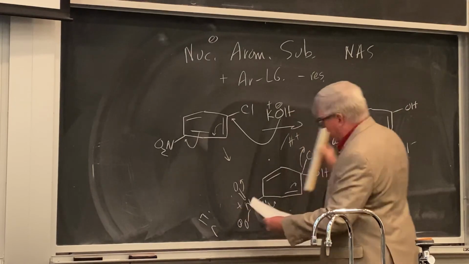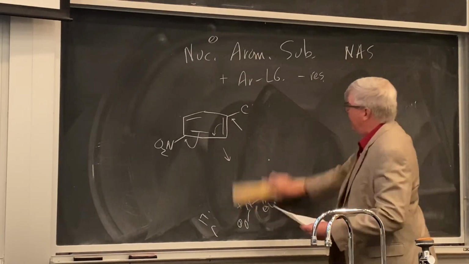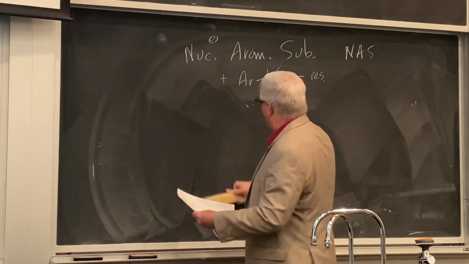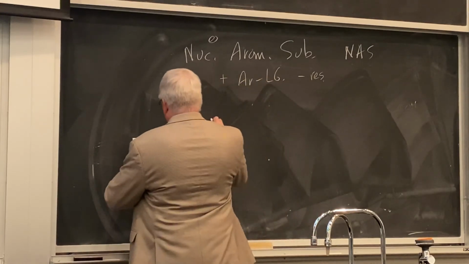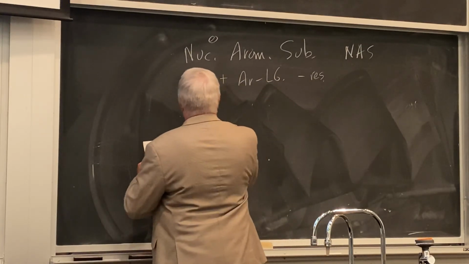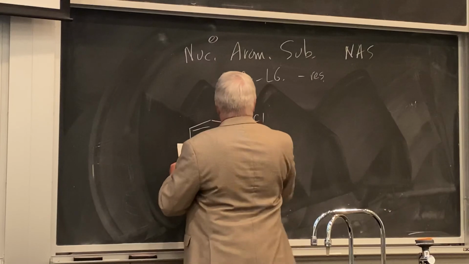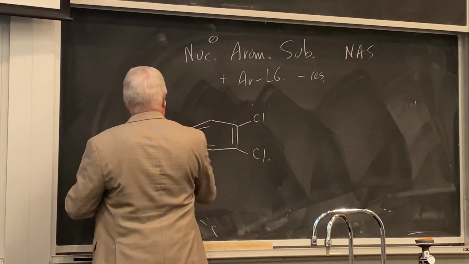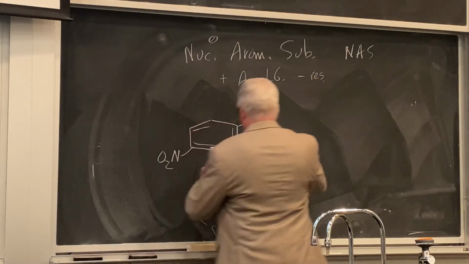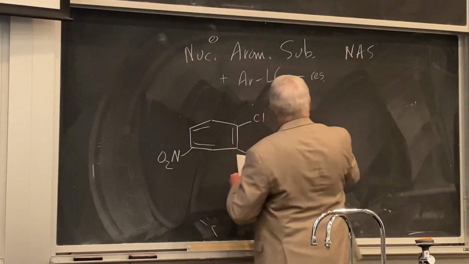There's a problem on the quiz, I think, where I want you to draw the mechanism and the selectivity for this reaction. Let's see, dichloronitrobenzene, and we're reacting this with sodium methoxide.